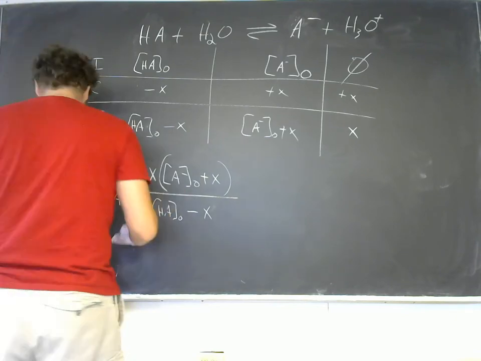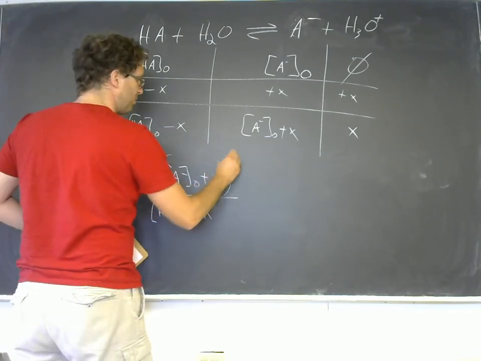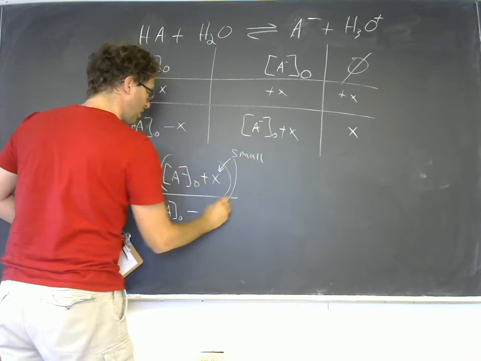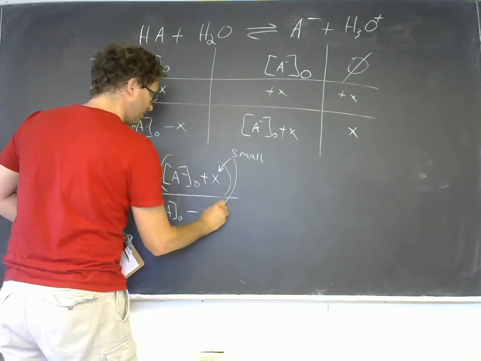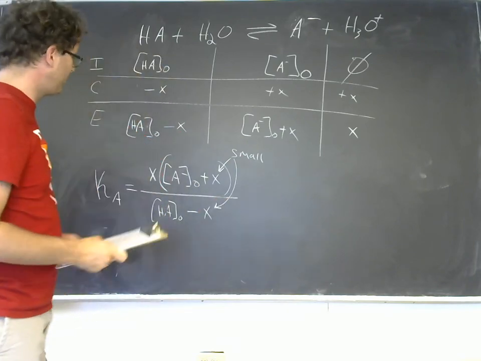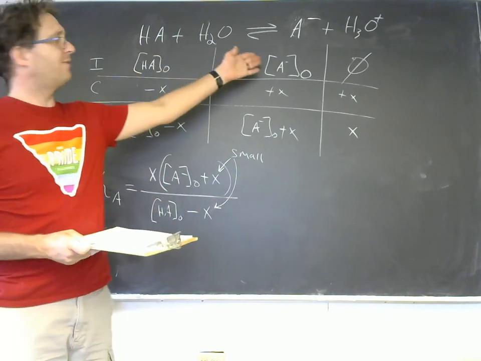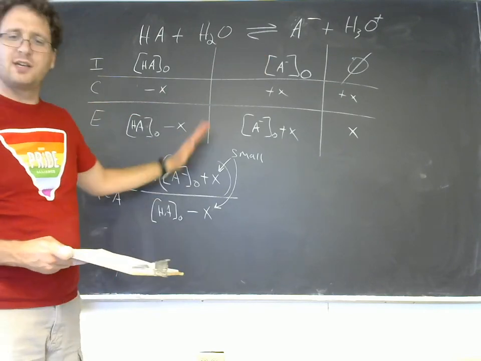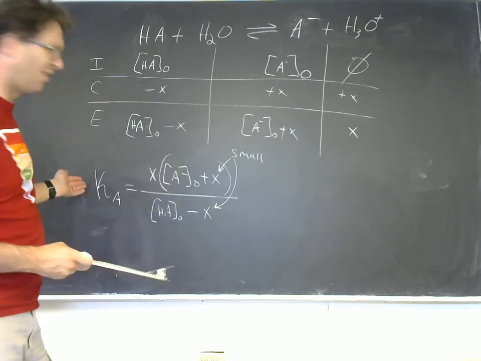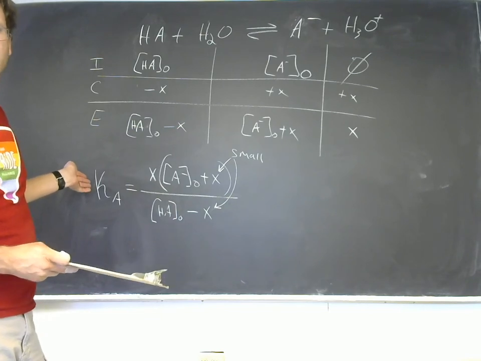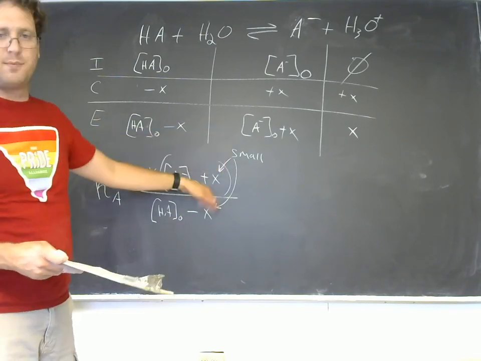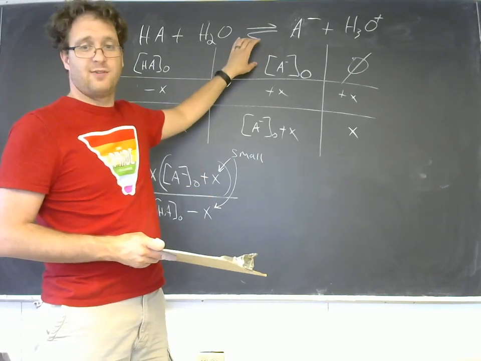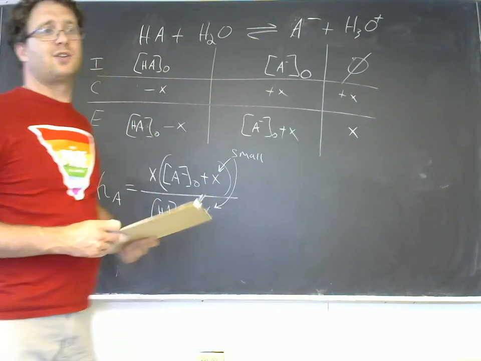We hope that we can assume that x is small in both of these cases. And when you consider that you have the common ion effect in place, then that's a particularly good assumption. If the Ka is 10 to the negative fifth or smaller, then we usually are pretty comfortable ignoring x, even if you just have zero amount of the conjugate base present.